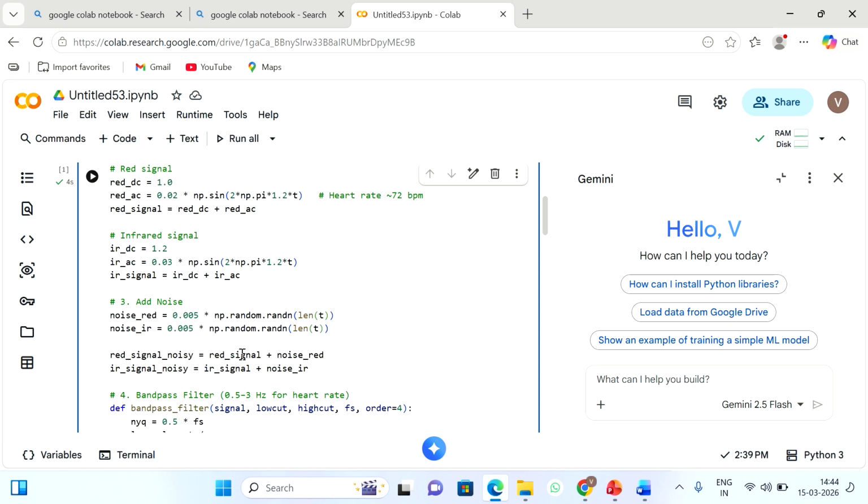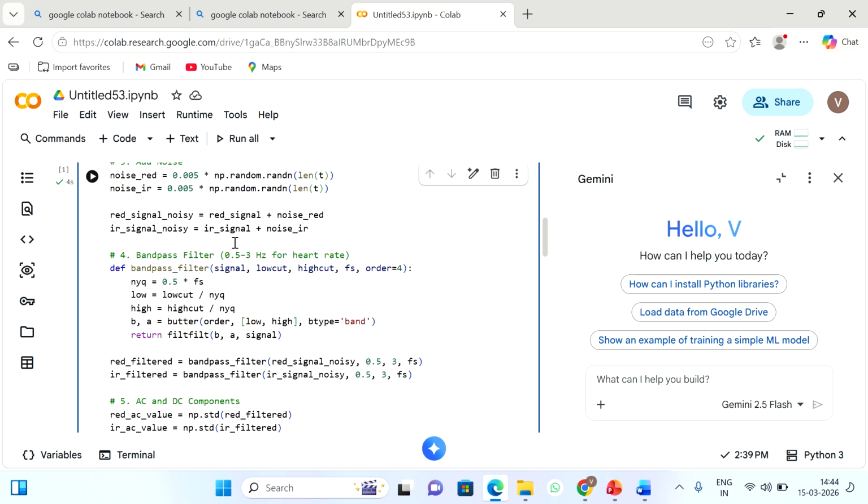Then the band pass filter, which is 0.5 to 3 hertz for heart rate. So here we define the band pass filter with signal, lowcut, highcut, Fs, order 4. So Nyquist is 0.5 into Fs. Low is equal to lowcut by Nyquist.